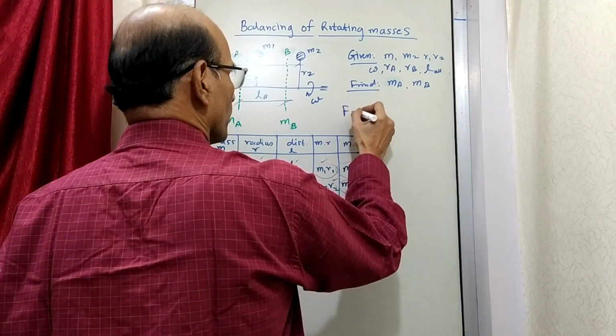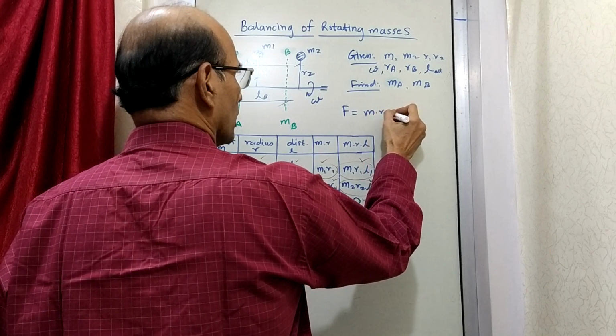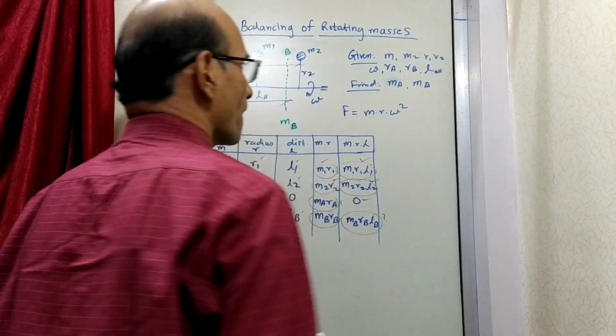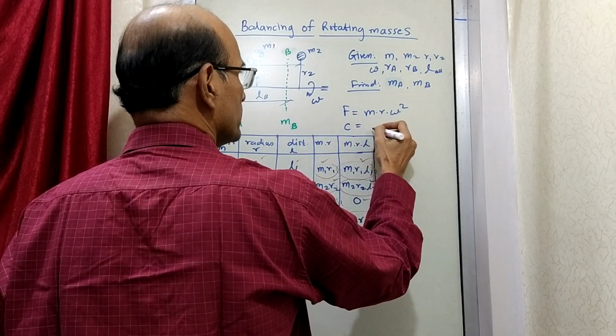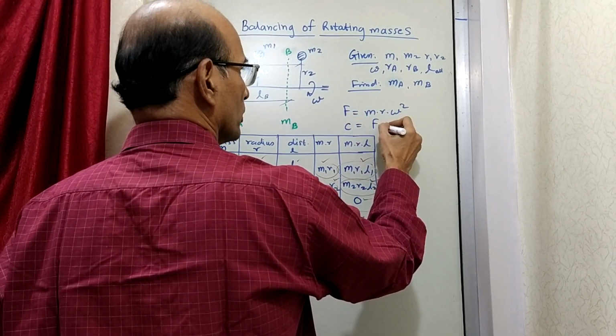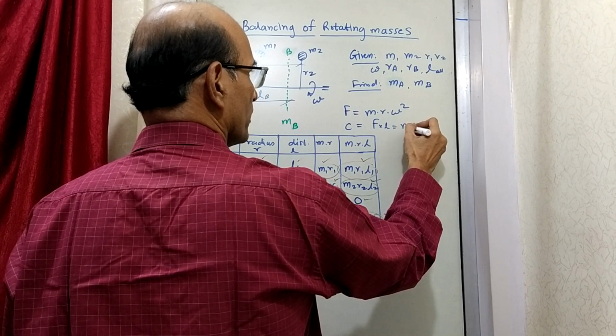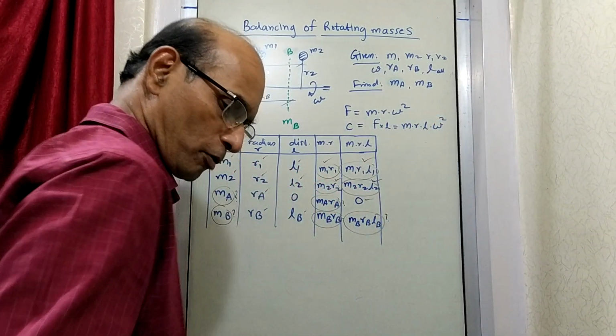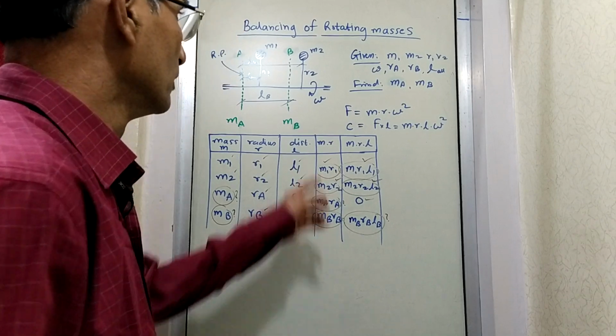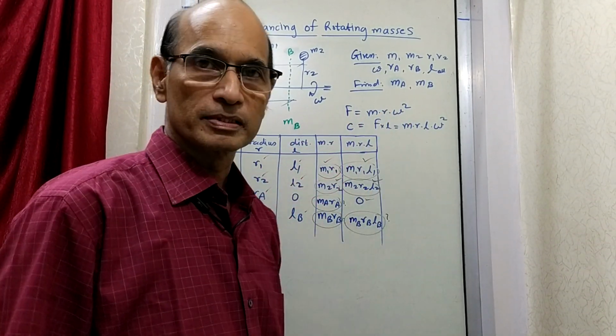Now see, what is the centrifugal force? M into R into omega square. And what is the couple? Couple is force into distance. So it is M into R into L into omega square. As a general formula, we can write like this. Force is this, couple is this.